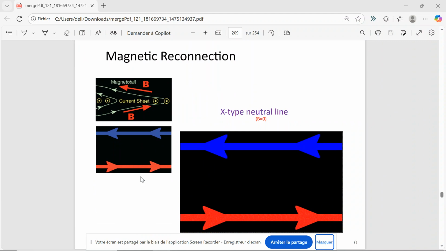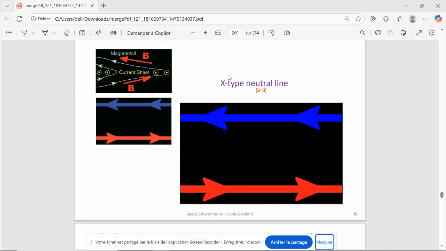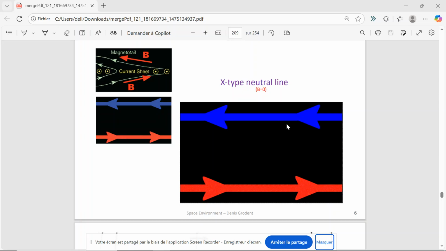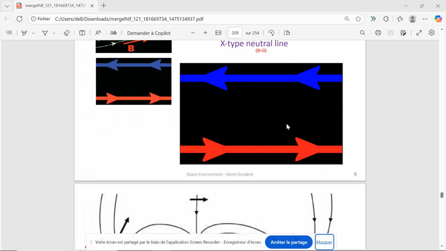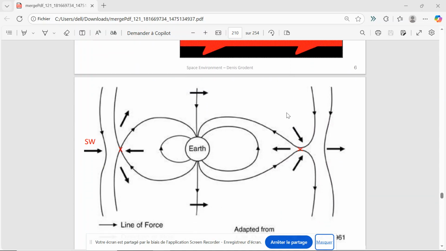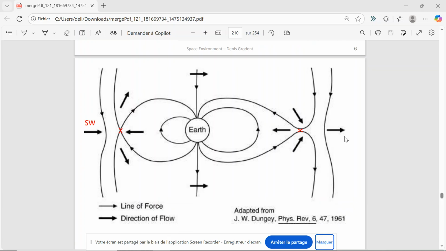So thousands of times the radius of the Earth in the tail, you got the magnetic reconnection of the magnetic field lines of the Earth, exactly as explained. Due to the pressure of the plasma, we have a reconnection liberating a lot of energy, pushing the plasma in that direction and that direction. So the reconnection is appearing.